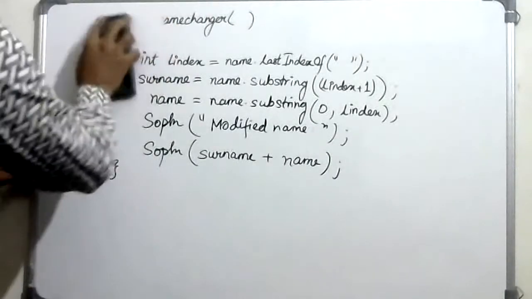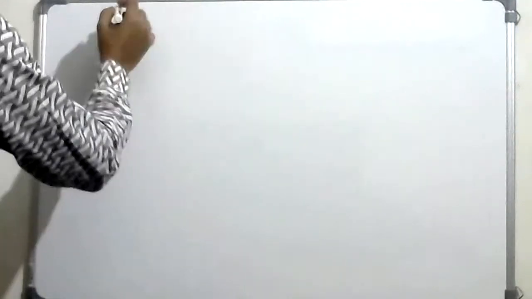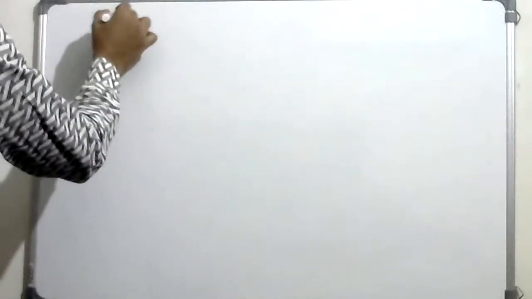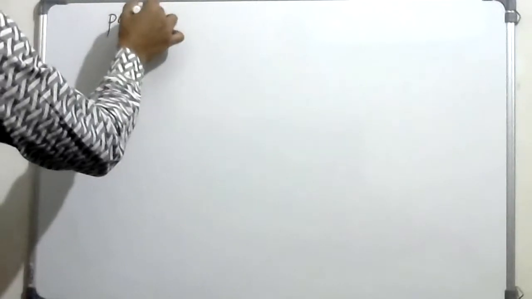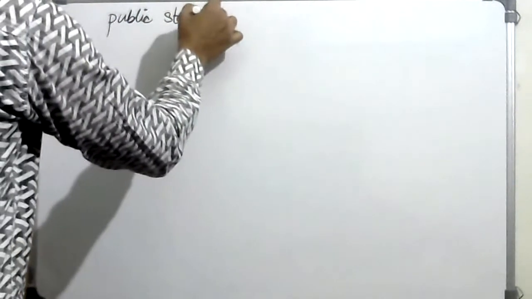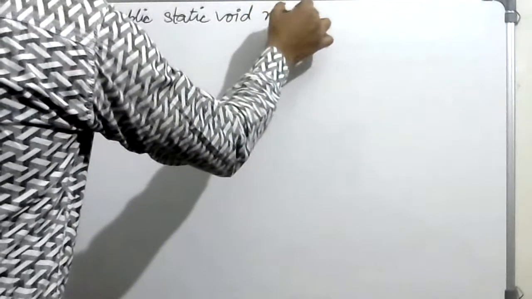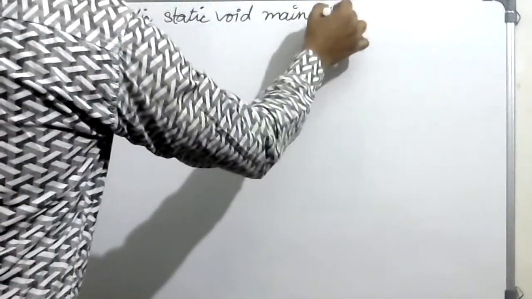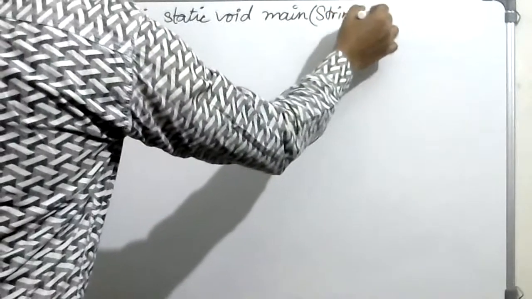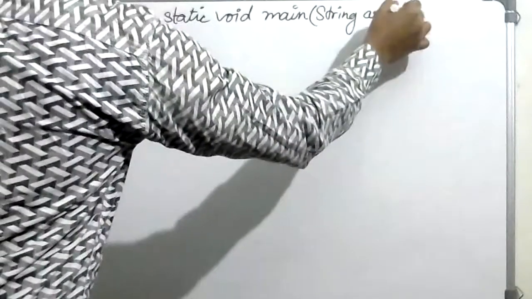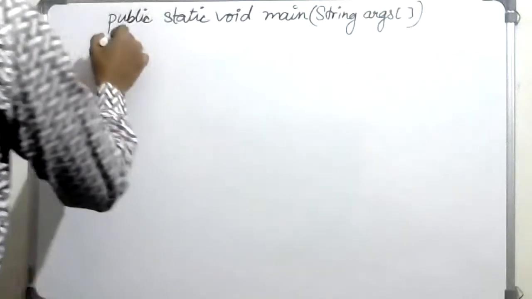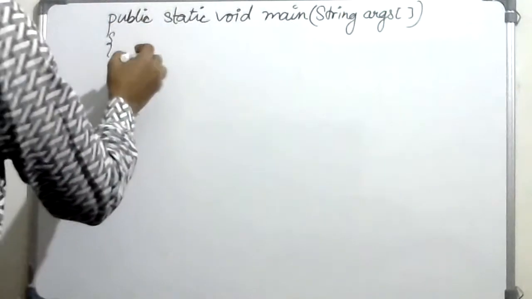Now I'll just write the main function and call these two functions to input and modify the name. So the main function will be defined as usual, public static void main, String args. Inside I'll create an object.